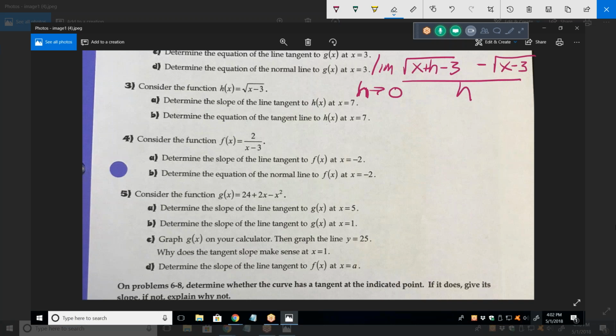So I want to multiply top and bottom by the square root of x plus h minus 3 plus square root of x minus 3. I'm going to multiply top and bottom by that.